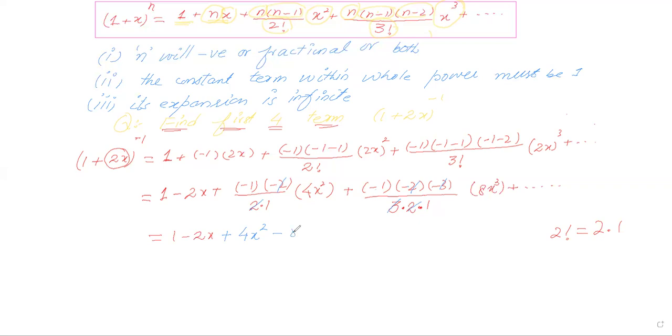So you will get minus 8x cube and so on. That is the first example, how you simplify, solve, and expand. So you have this expansion: 1 minus 2x plus 4x square minus 8x cube and so on. These are the first 4 terms of the expansion of 1 plus 2x raised to power minus 1.